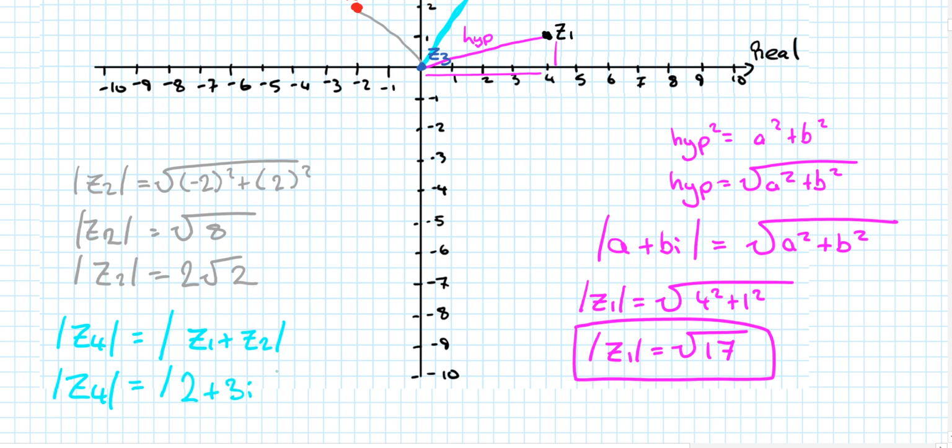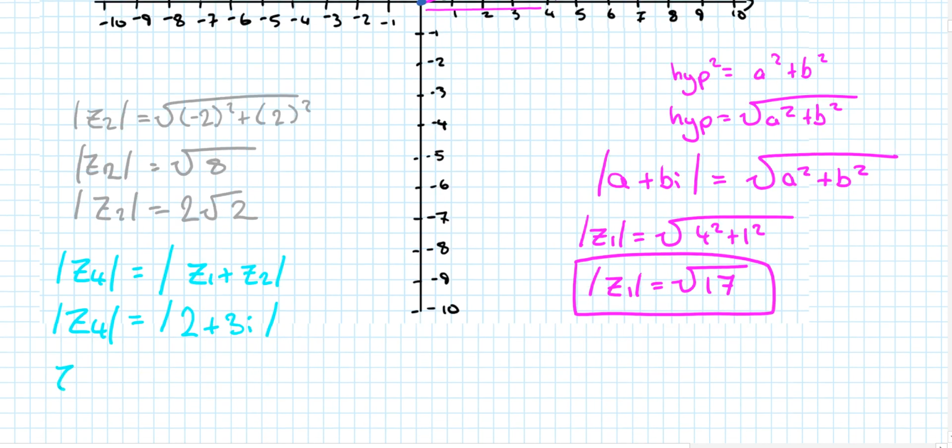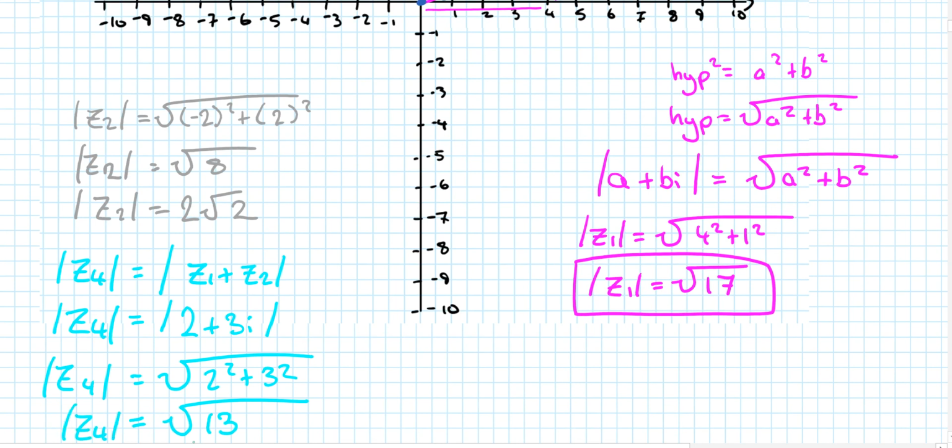So the modulus of Z4 is the square root of 2 squared plus 3 squared. 2 squared is 4, 3 squared is 9, so it's the square root of 13. And why do I not simplify that any further? It's because 13 is a prime number, and if I put it in the calculator, I'd get no further.